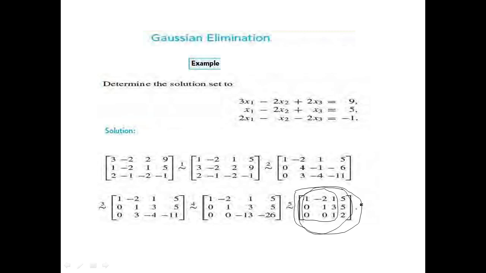Since both are 3, and the number of unknowns, x1, x2, x3, is also 3, that is the value of n. So n equals 3, which equals the rank of the coefficient matrix and the rank of the complete matrix, so the system has a unique solution.